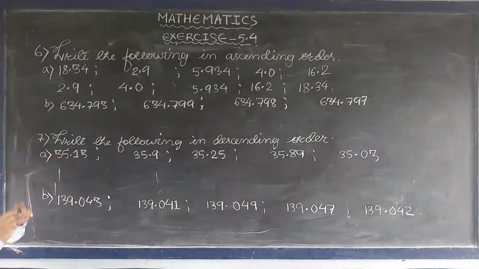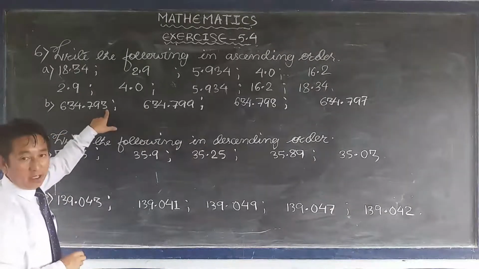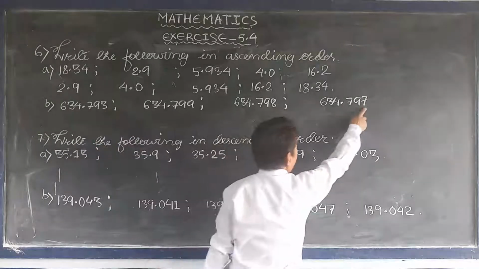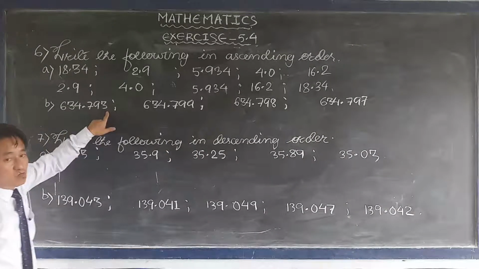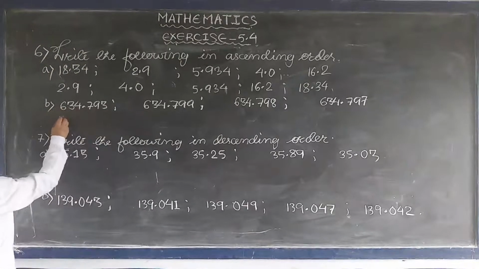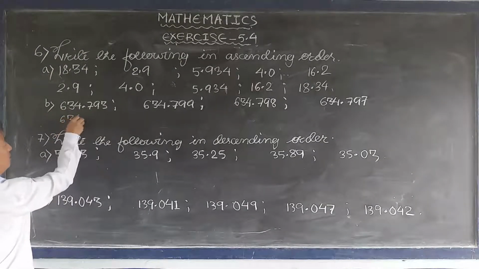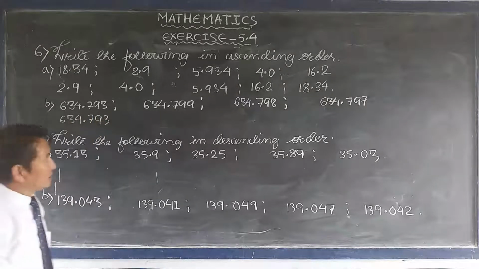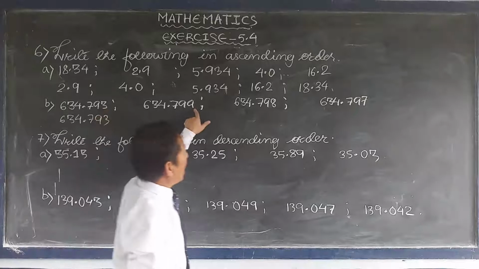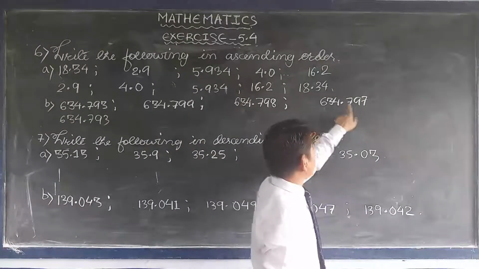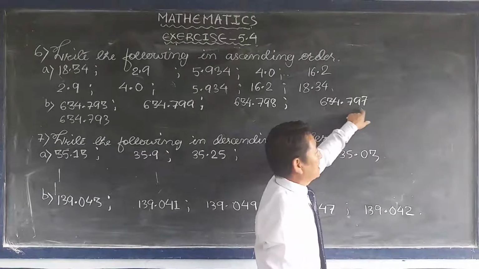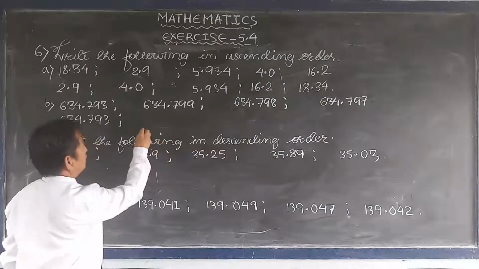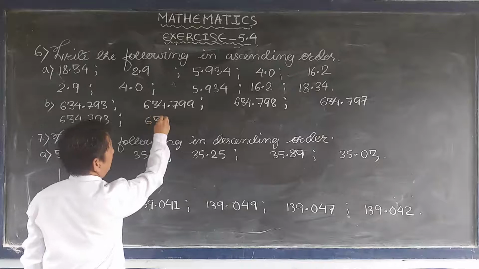Now last, we compare the third digit. Here 3, 9, 8, 7. So 3 is the smallest number. This one is the smallest: 634.793. Next, 634.797 is the second smallest number.